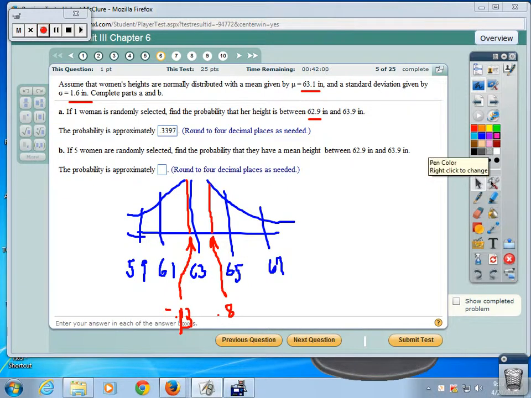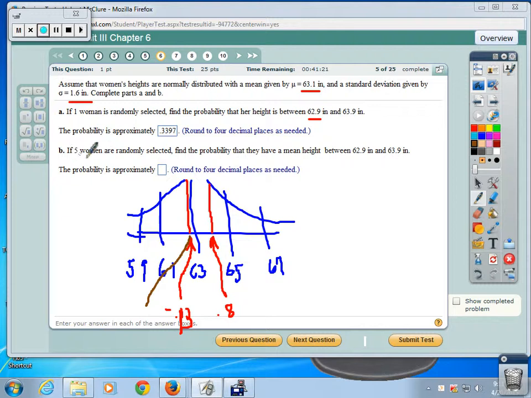Let's go with brown. And give me that z-score, which is your regular 62.9 minus 63.1 divided by 1.6 divided by the square root of 5. I don't know where I got 6 from.